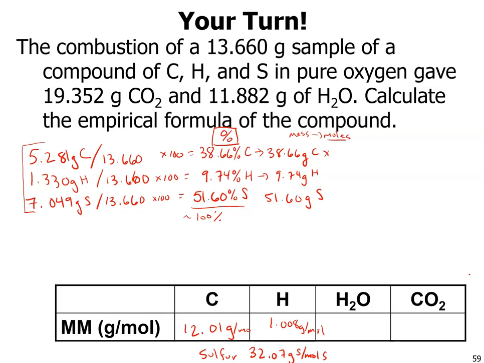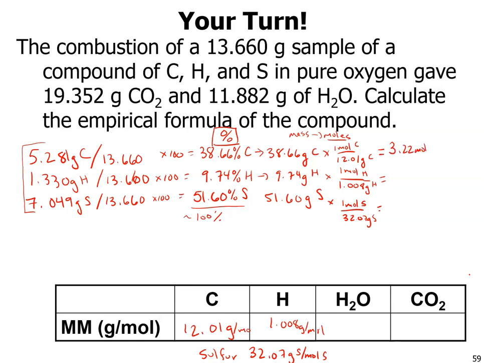I will multiply this by 1 mole of carbon over 12.01 grams of carbon, this one is 1 mole of hydrogen over 1.008 grams of hydrogen, and this one here will do 1 mole of sulfur divided by 32.07 grams of sulfur. So these will give me the number of moles.